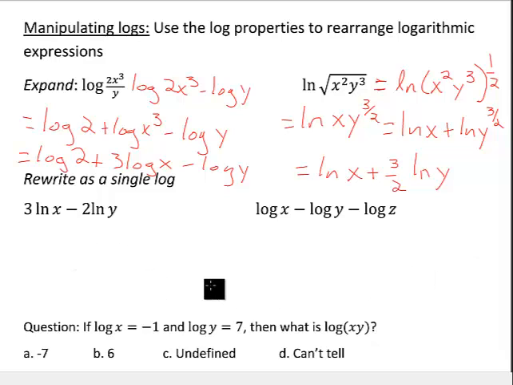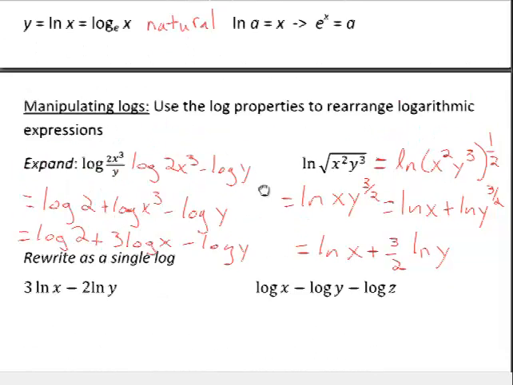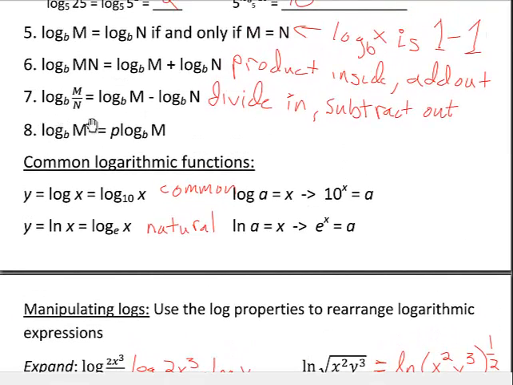When we're rewriting things as a single log, it's a similar sort of thing. We identify which properties can be used where. So now one thing I want to point out here is we see a subtraction, but we can't use this second property quite yet. And the reason we can't is because this only applies when you have a log minus another log.